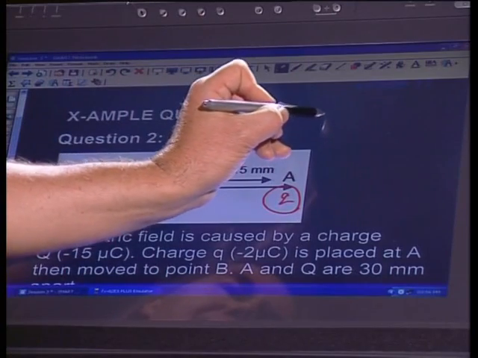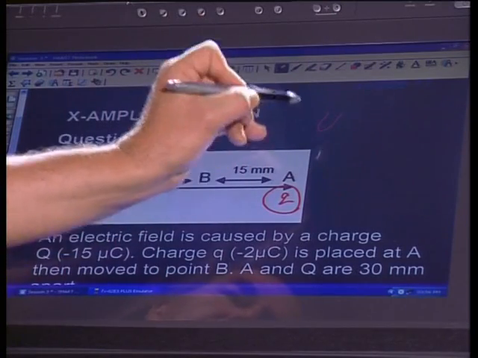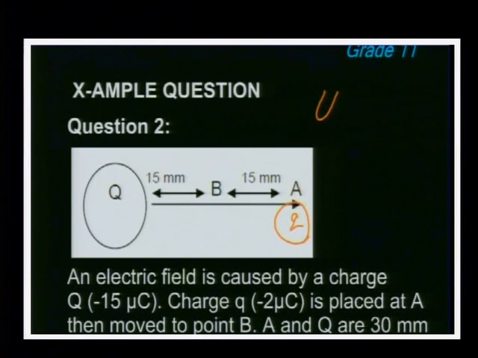Now, we have worked out that U is equal to the electrical energy, which is K Q1 Q2 over R. We've just been working with that. Now, what we're asked is electrical potential, which is slightly different. This is known as V, the electrical potential. V is like potential difference, but it's not quite. There is a formula for it.